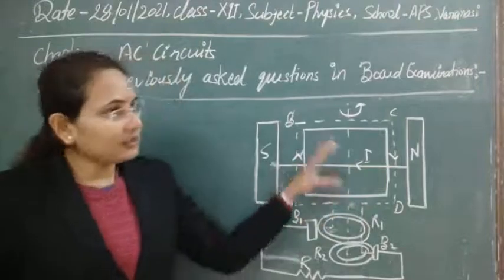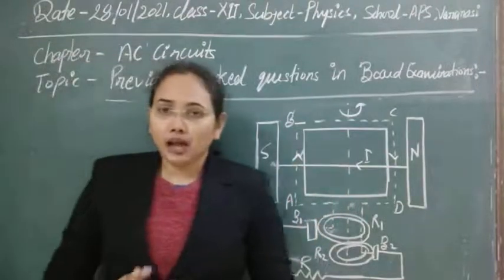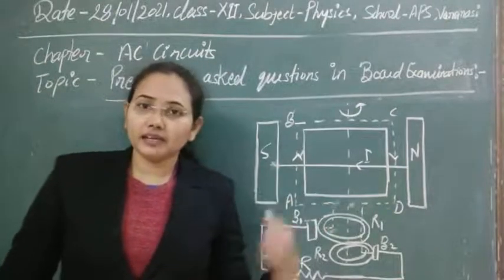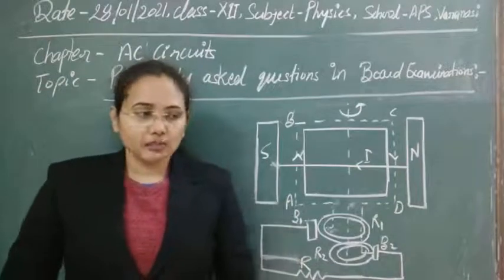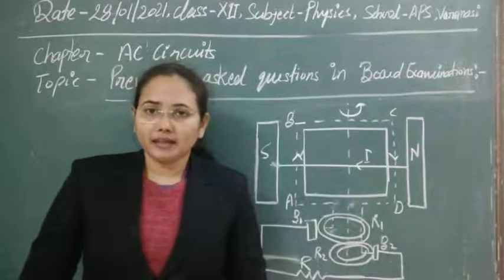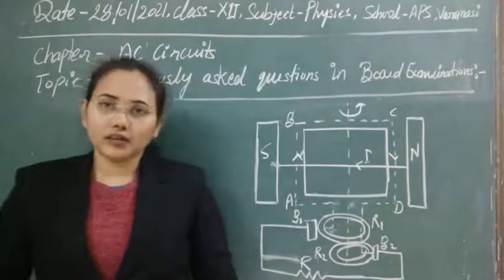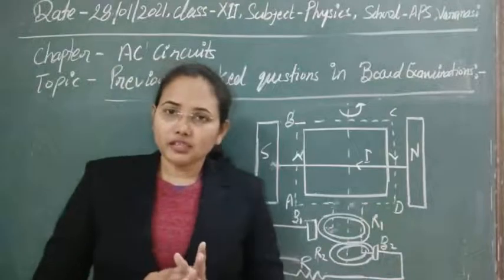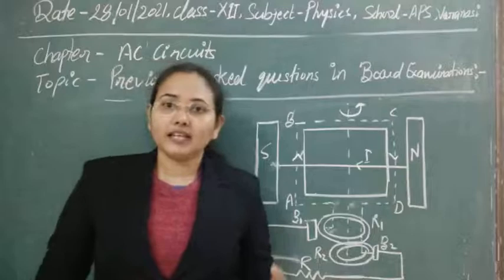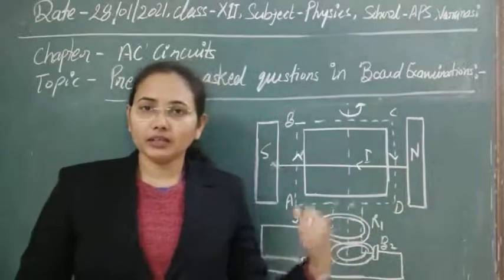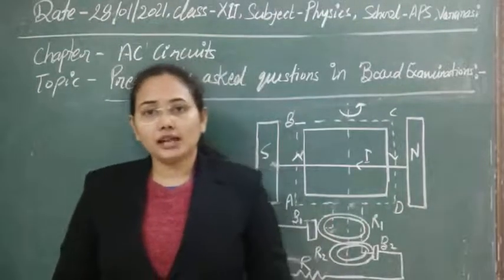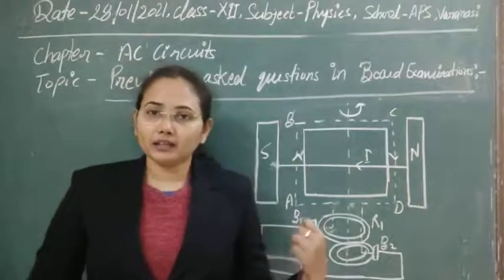But still, the main factor here is how we can generate EMF with the help of an AC generator. Basically, we only have to change the flux linked with this coil due to this magnet. There are three methods for the change in flux. First, the magnetic field can be changed. Second, we can change the area of the loop. Third, we can change the angle between the plane of the loop and the magnetic field.